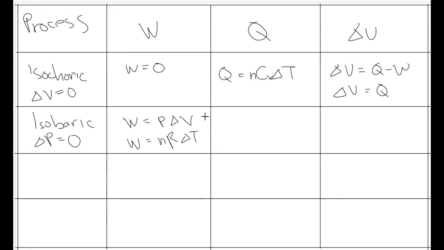Since delta P is equals to 0 and delta U is equals to Q, we can use this equation.